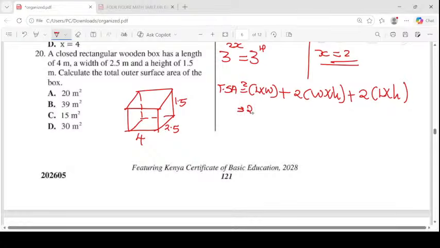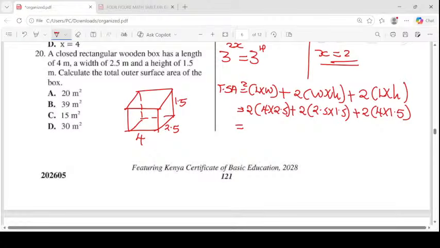So this will be 2 into length times width, which is 4 times 2.5, plus 2 into width times height, which is 2.5 times 1.5, then plus 2 into length times height, which is 4 times 1.5.